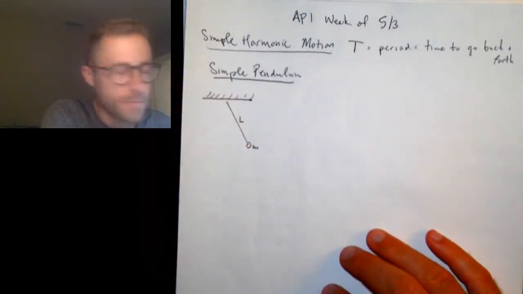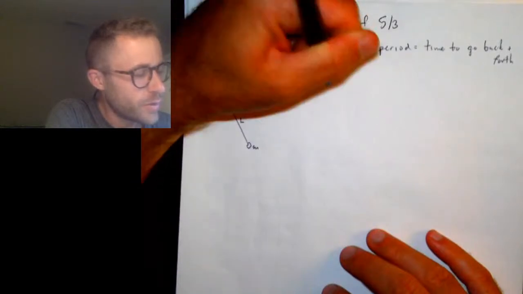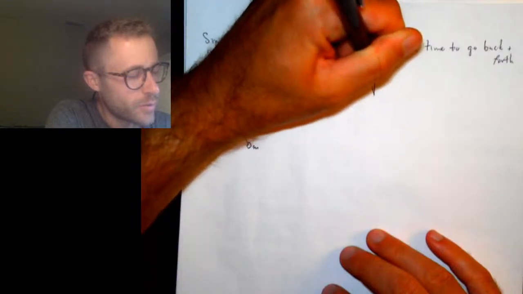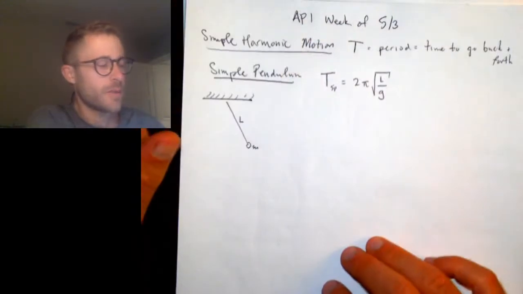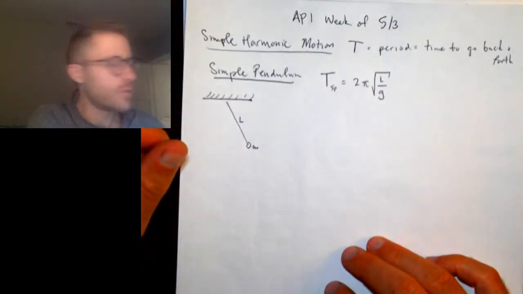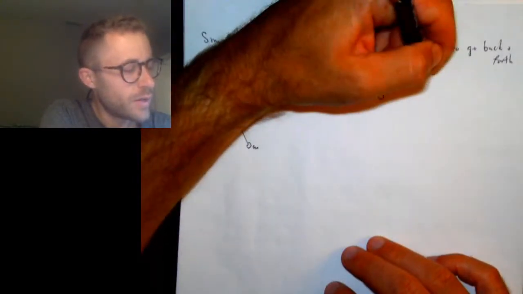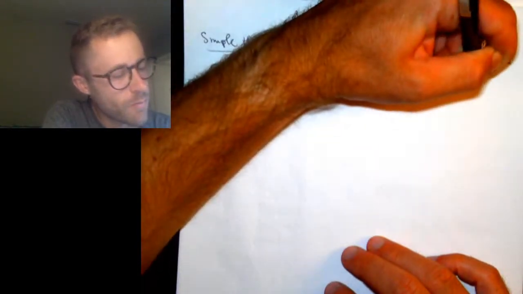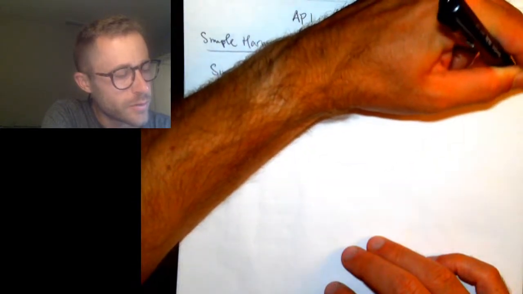So it's going back and forth. The theoretical period for a simple pendulum is given by the equation 2 pi square root of L over g. One of the things I want to point out is that this does not depend on amplitude, amplitude being the size of the swing.